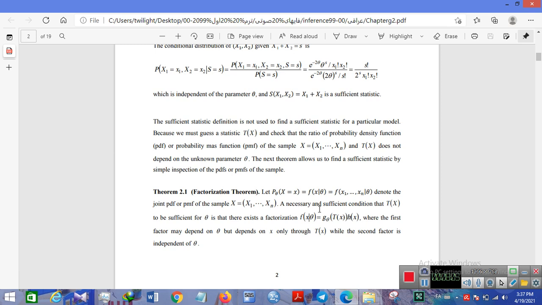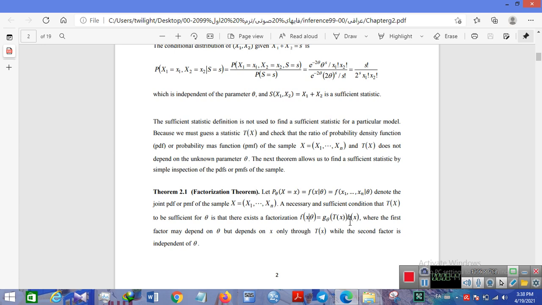A necessary and sufficient condition that T(x) be sufficient for theta is that there exists a factorization f(x|theta) equals g(theta, T(x)) times h(x), where the first factor may depend on theta but depends on x only through T(x), and the second factor is only a function of x and independent of theta.